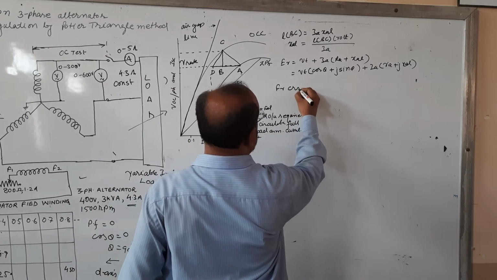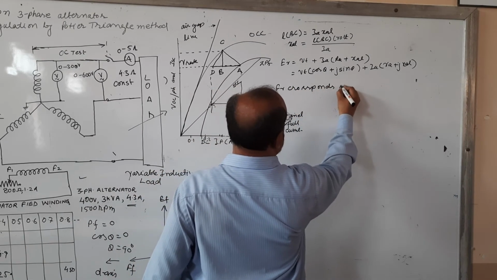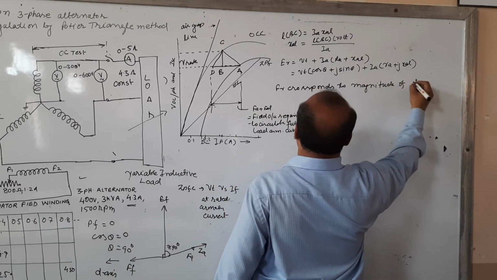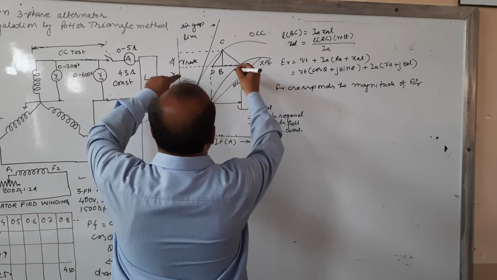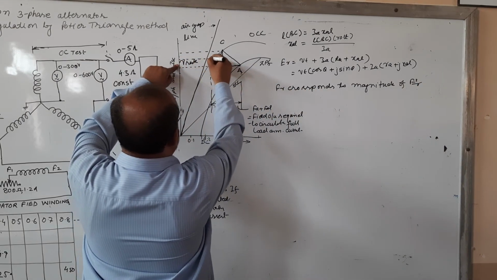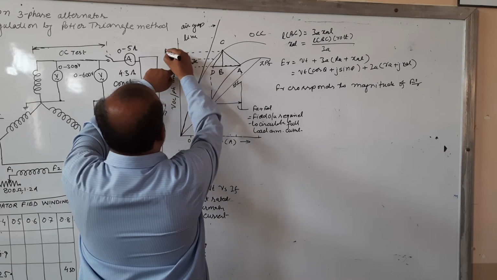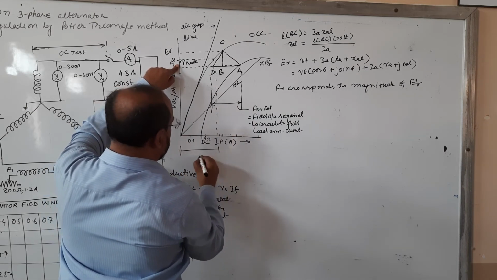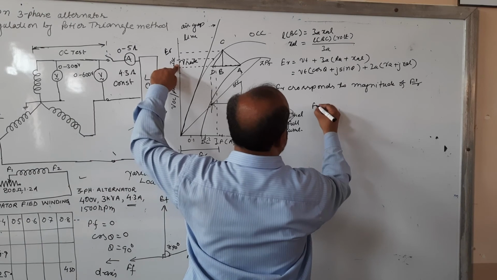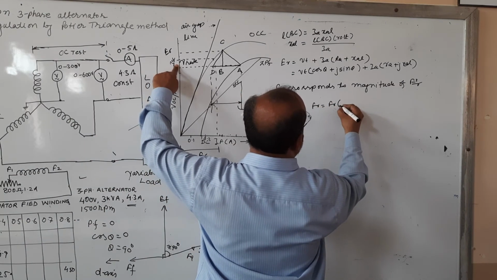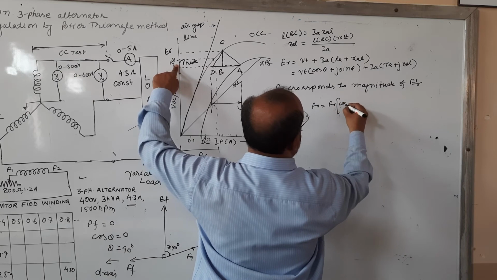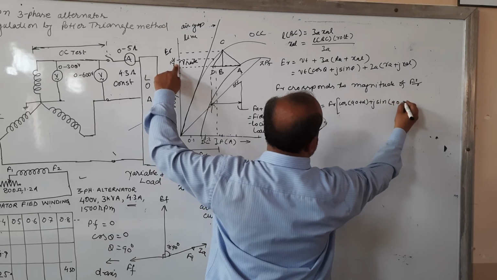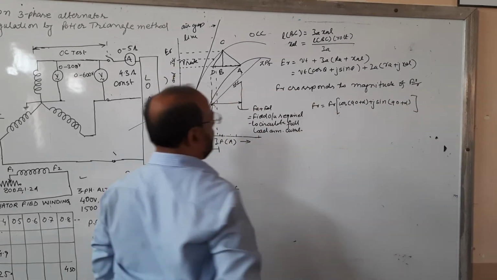FR corresponds to the magnitude of ER. From this value of ER, come to the x-axis, and this gives the FR. So now FR is equal to FR into bracket cos 90 plus alpha plus j sin 90 plus alpha. So we will get the value of FR.